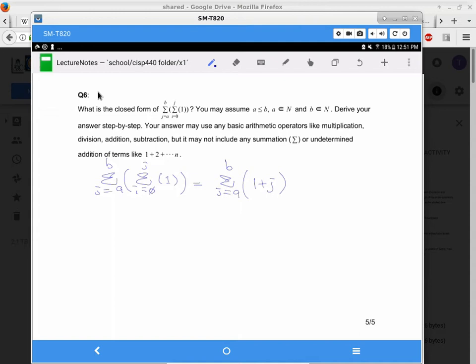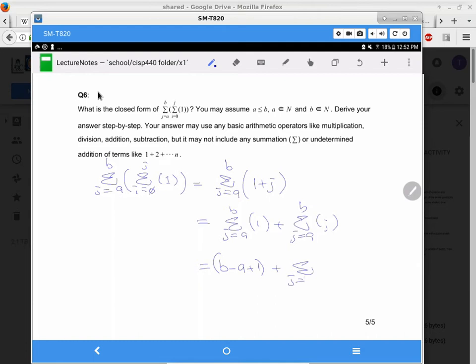But if you don't, we can still work this out step by step, okay. So we say j is from a to b, 1, plus the sigma of j goes from a to b, just j all by itself. So the first one becomes b minus a plus 1. The second part, I can change the indexing.